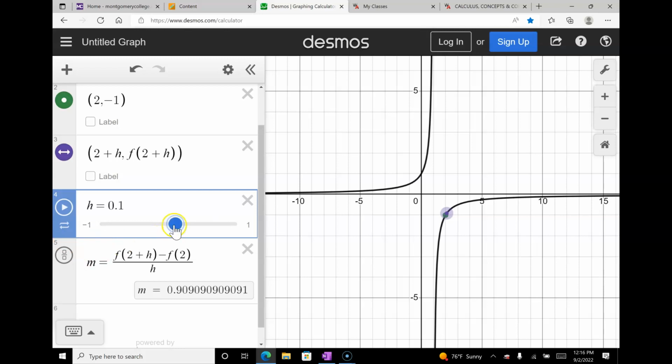Now I can get my h value down to 0.01, and now look what I have, 0.99, right? 990990099. So I'm going to be able to predict this, right?